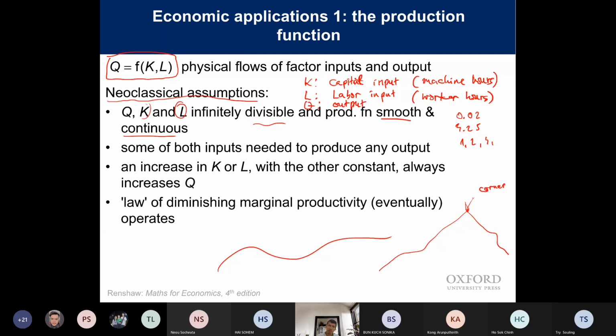And continuous means there's no disconnection. This one is not continuous, because you cannot draw the curve in a single go without lifting your hand. So continuous and smooth must be required.